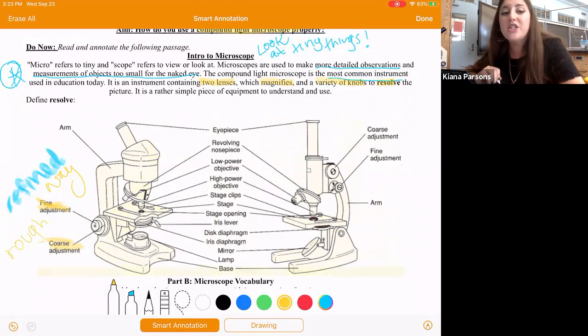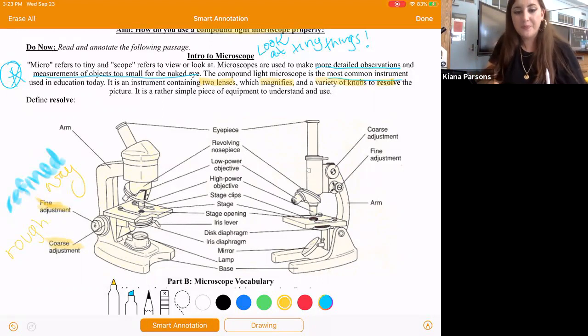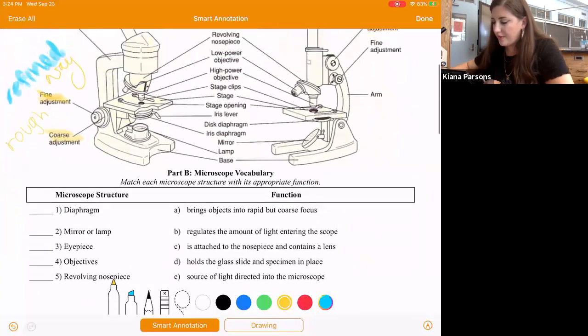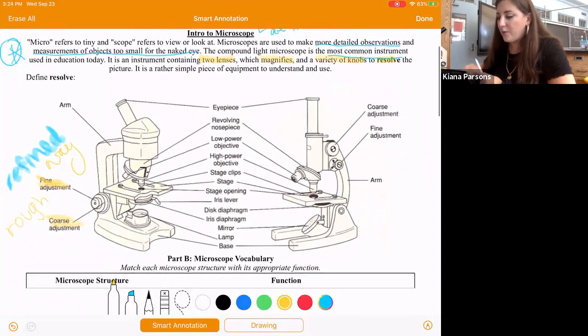So the coarse adjustment is what you would use first, and then once you have your image almost in focus through the lens, you would use the fine adjustment. So, define, resolve.